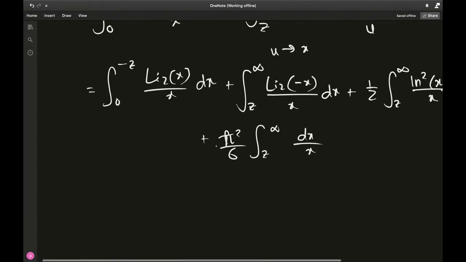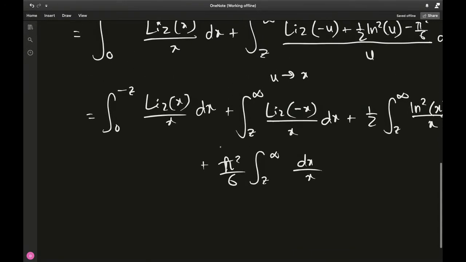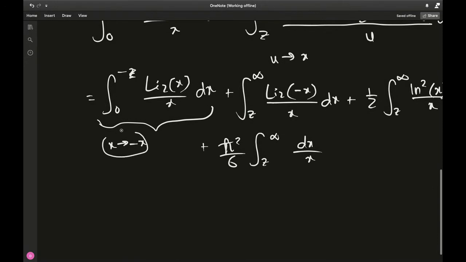Okay, fair enough. Now what are we going to do? Well, now look at this integral. These two guys can be merged up later, but there's a problem of this negative z on top. So let's change x to negative x, especially for this guy.